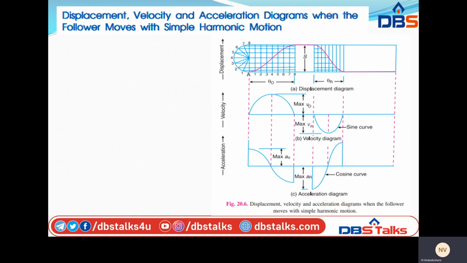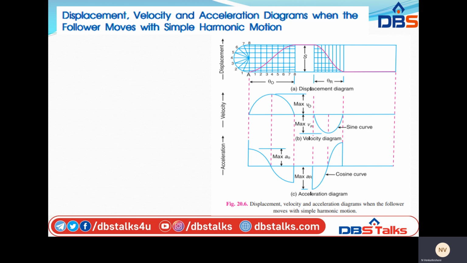What is the stroke? We know that stroke means from lower to higher. So firstly draw a semicircle with the follower stroke as diameter, and then divide the semicircle into any number of equal parts, and divide the angular displacement of the cam during the outward stroke and the return stroke into the same number of equal parts.